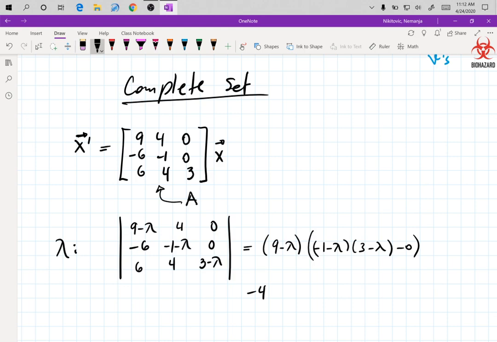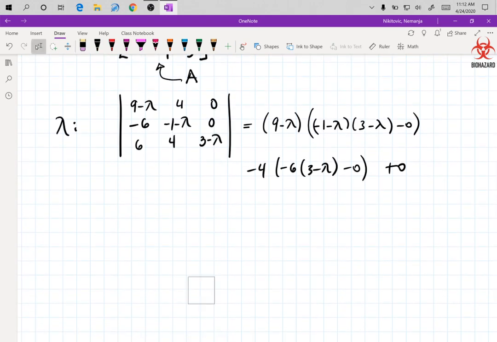Then minus 4 times negative 6 times 3 minus lambda, minus 0. And then plus 0 for the last one. That's great. So this gives us, we have to multiply all of these.